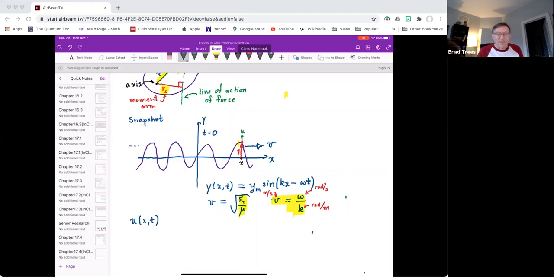Now there's one more complication. The function y right here is a function of two independent variables, x and t. But I only want the rate of change of y with respect to t, because that's what velocity means. So I want to take the derivative of the y function with respect to t, and I want to treat the other, what would normally be a variable x, as if it were a constant.